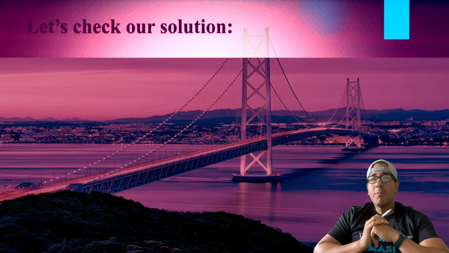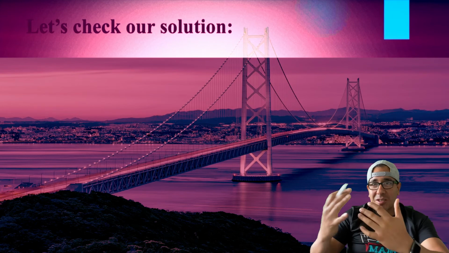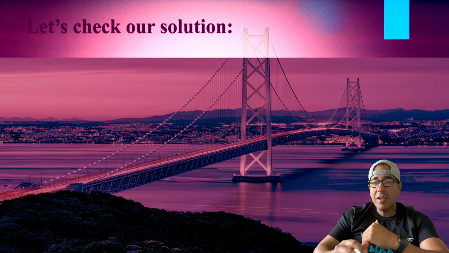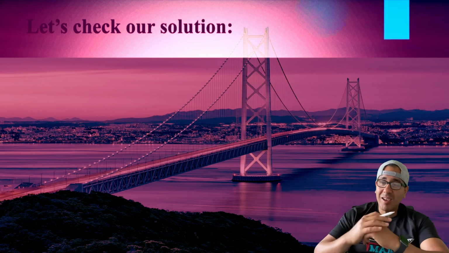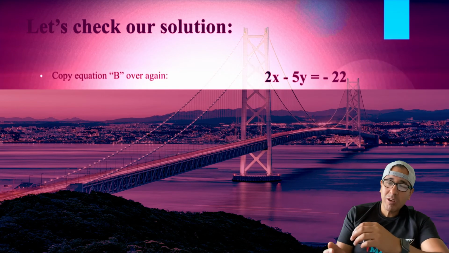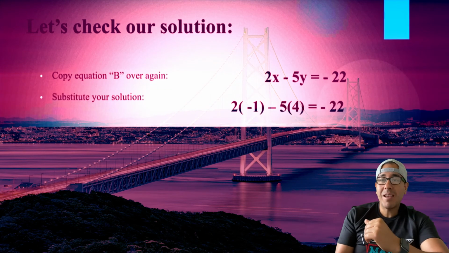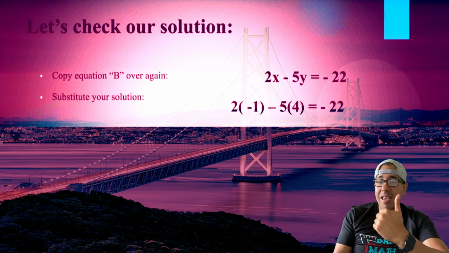So usually people on a test wait to get their test back and they say, did I do it right? You don't have to wait, right? There's always a way for us to check. So all we're gonna do is copy one of the equations. So I'm gonna copy equation B over again, and I'm gonna substitute my solution. So wherever I see x, I'm plugging in the -1 that I found, and wherever I see y, I'm plugging in the 4.